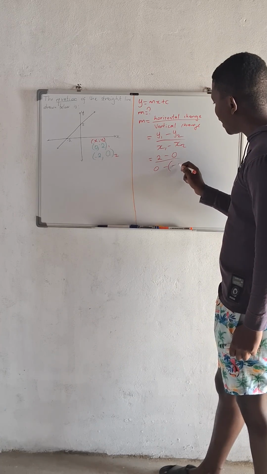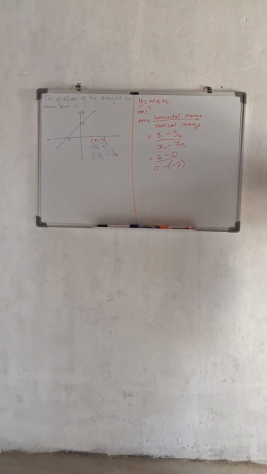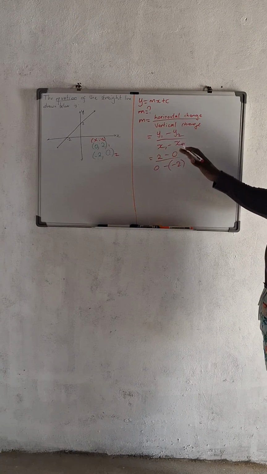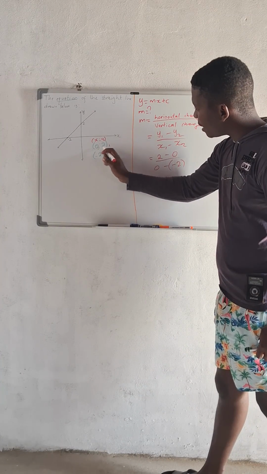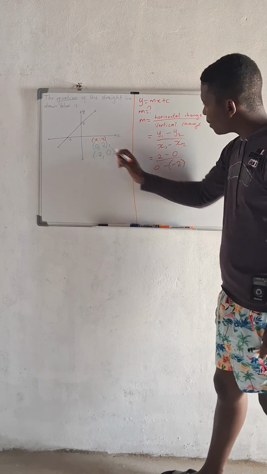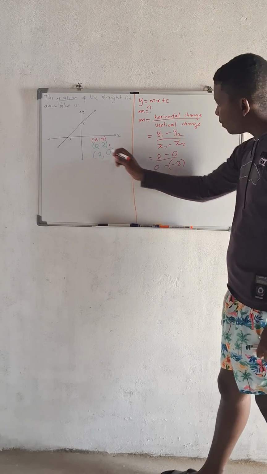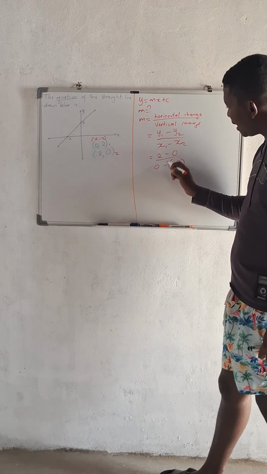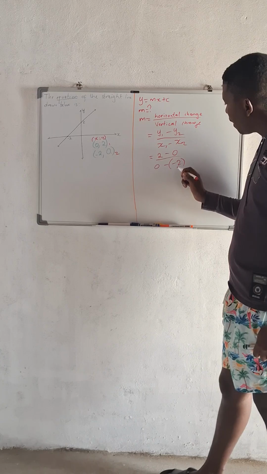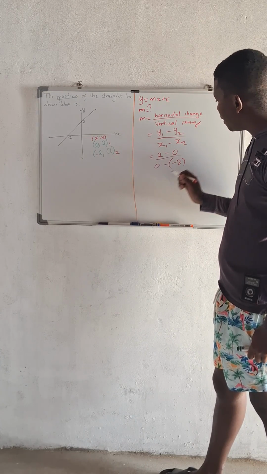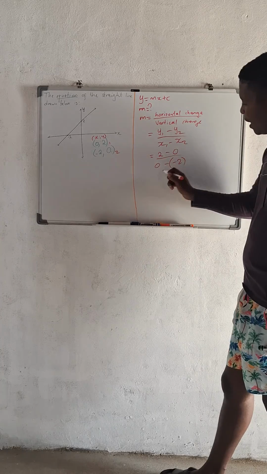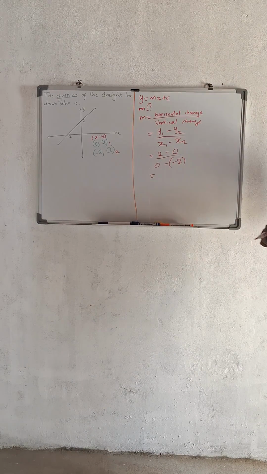So I need to open a bracket and put a -2. I'm sorry for that. Let me go through the x values again. The x value in the first coordinate is 0, as you can see, minus, open a bracket because there is a -2 in the second coordinate. And now what we need to do is to just simplify.